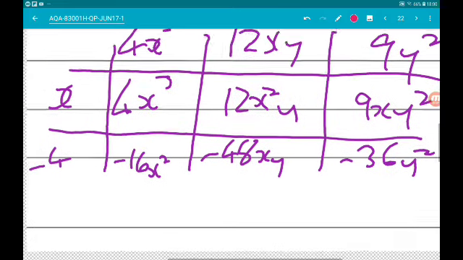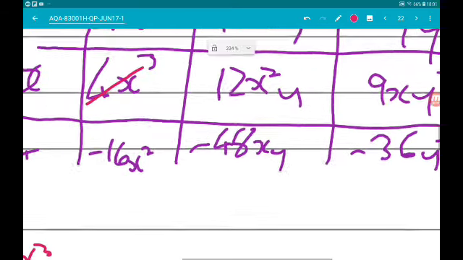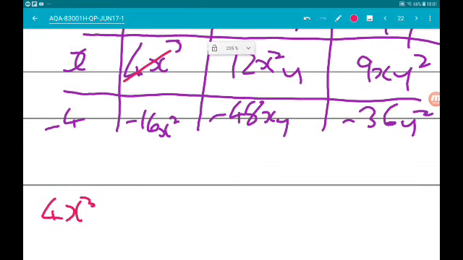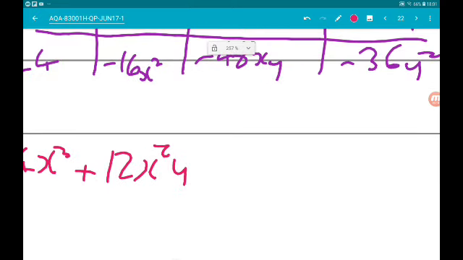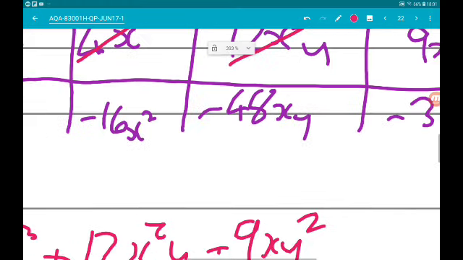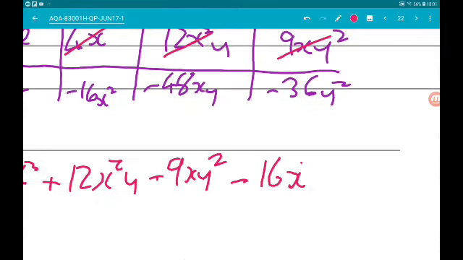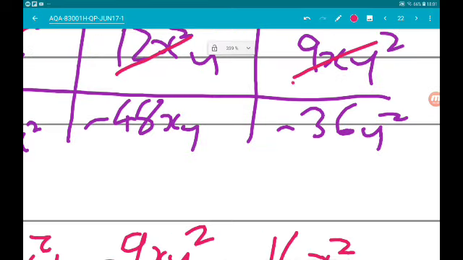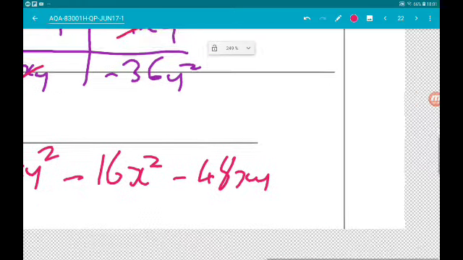So we've got 4x cubed, 12x squared y, 9xy squared, minus 16x squared, minus 48xy, and then minus 36y squared.